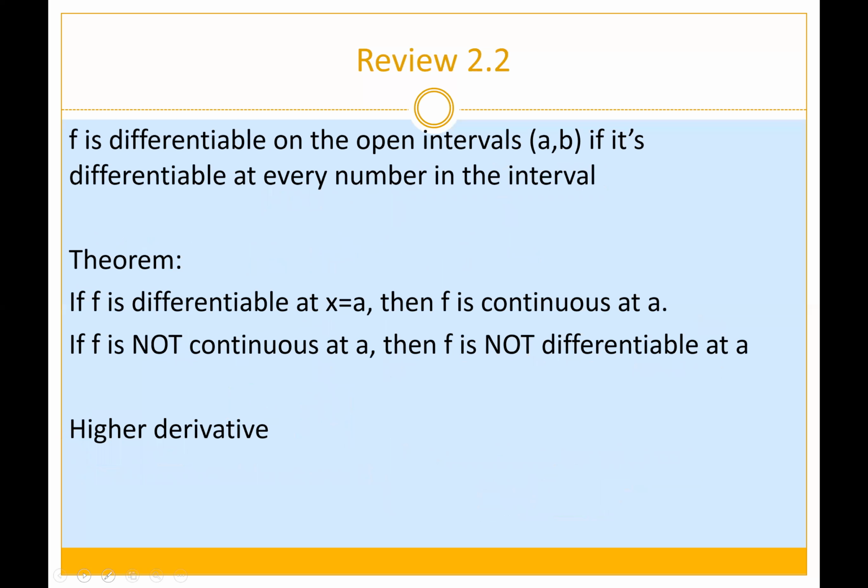There is another theorem. Also, we have a quick note on notation: f is differentiable on an open interval if it's differentiable everywhere in the interval. We have another theorem saying if f is differentiable at a point, it is continuous at that point.